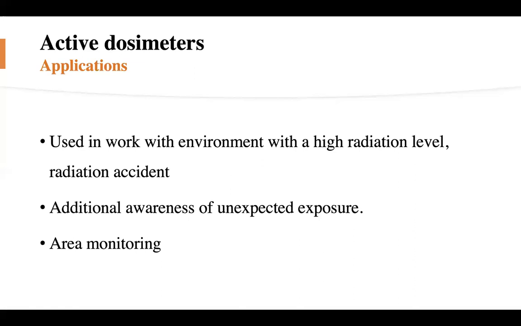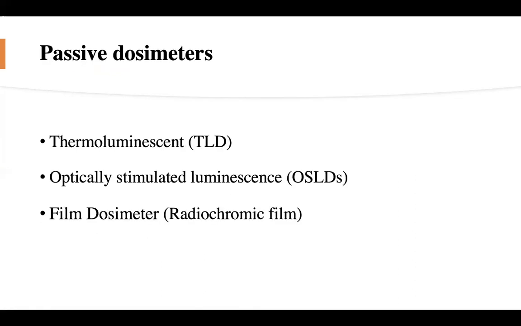So if you use a TLD, for example, or a passive detector, and something happens, an accident, it will not sense this, and you will not know something happened or that the radiation level changed. So you need an active dosimeter that gives you an alarm directly when the exposure or radiation level changes. Passive dosimeters are also useful, but in different applications.